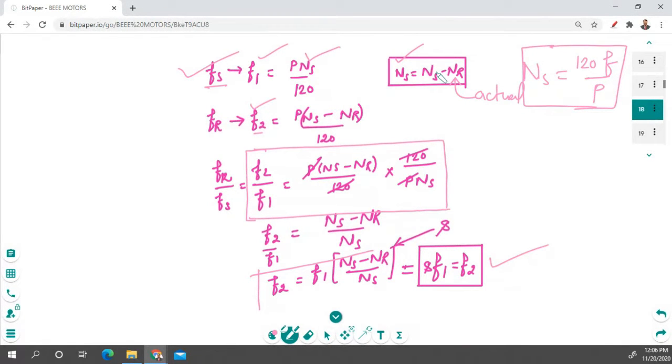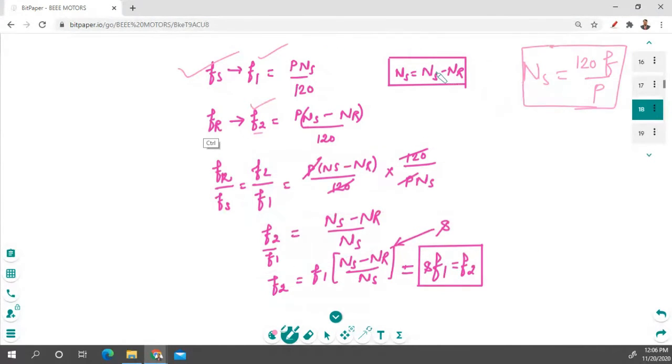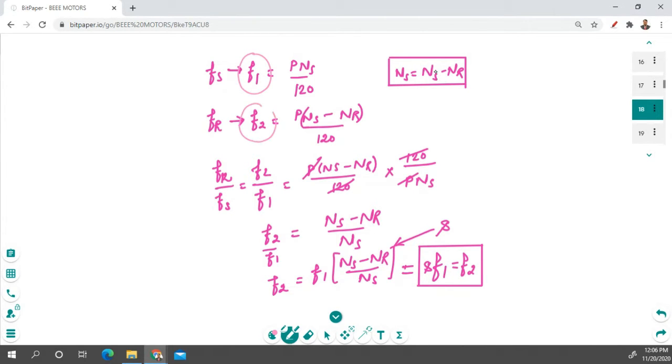Pankaj is saying, please repeat again. Let's see from the beginning. We are going to calculate the frequency for the first and the second part. First is the stator part, second one is the rotor part. So how to calculate this frequency?